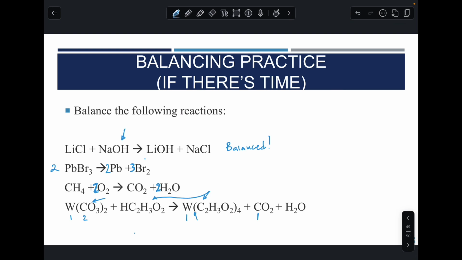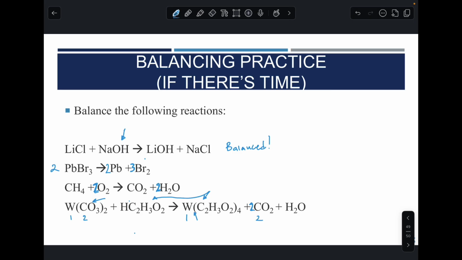It's going to decompose into CO2 and H2O. And so we have CO3 on this side, which gives us 2 carbons. We have carbon on this side, which we're going to need to multiply by 2 in order to get the same number of carbons on both sides. And we're going to do the oxygens last. That's where we'll deal with that. But for now, let's move on.